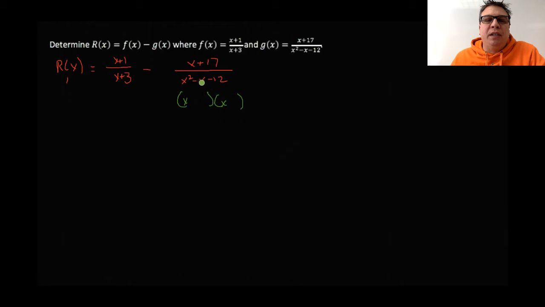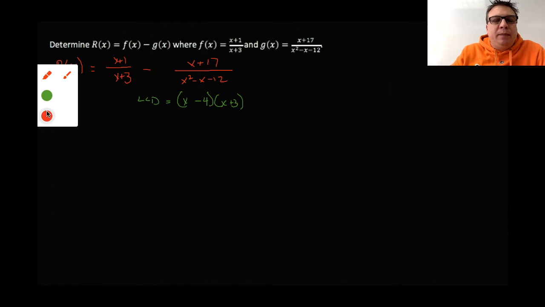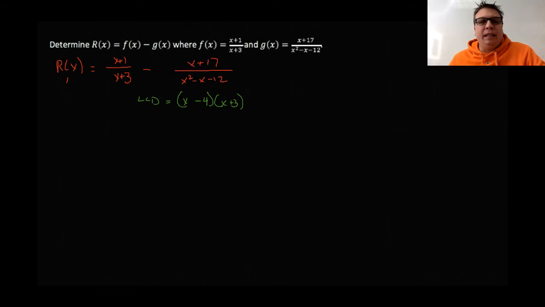Factors of 12 that differ by 1, that's going to be minus 4 and plus 3. So that means this is what our LCD is. Our least common denominator is going to equal that. Now I'm going to continue the work underneath.